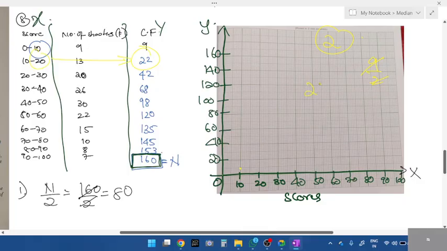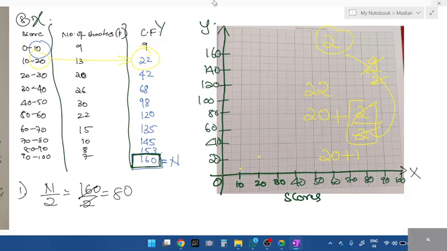For 22, how do I split this 22? I can write it as 20 plus 2. Divide this 2 by 2. What do you get? So it is not 22, it is 20 plus 1. So after 20, how many lines do you have to take? One line. That is for the y-axis. For the x-axis, it is fine.